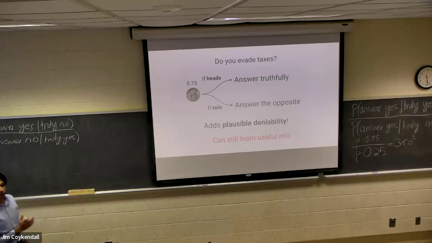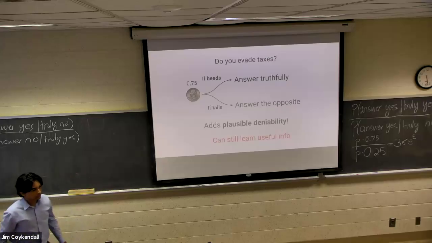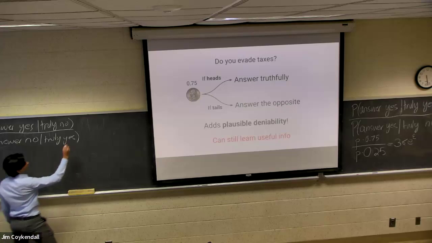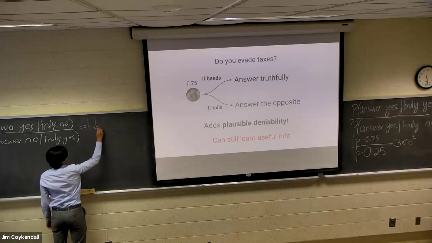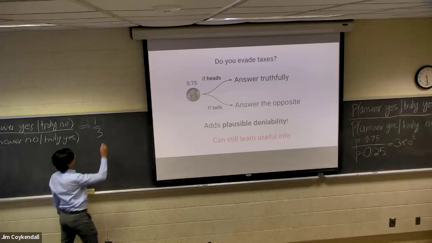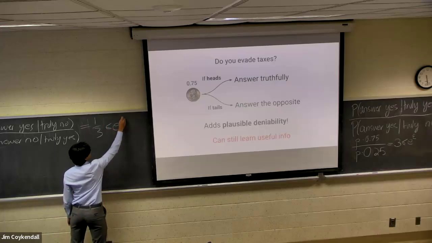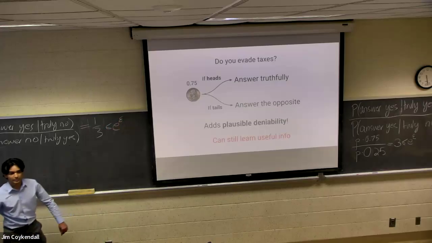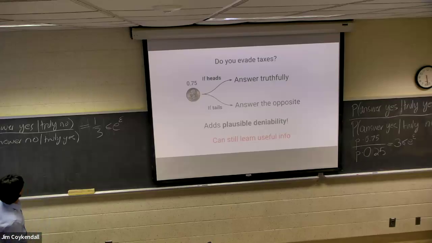And we don't have to go through the whole thing of calculating this again, because it's just 1 over that value. Just flip the numerator and the denominator. So this is 1 over 3. We want this value to also be less than or equal to e to the epsilon to preserve epsilon differential privacy. The third quantity we want to bound is.